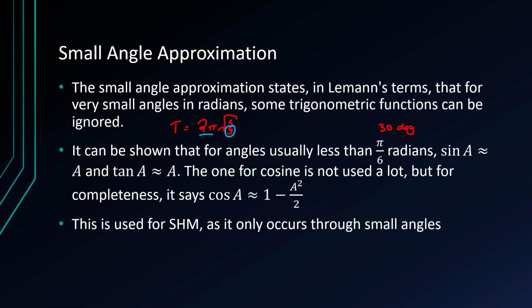So you can get closer and closer values to g, but you won't actually get what an exact value of g is, which is why we use approximations for it. So we can actually use the fact that sine A is approximately A, and not necessarily tan. The one weird one is cos A, which is approximately 1 minus A squared over 2, which is a bit weird, but it's just for completeness sake, really.